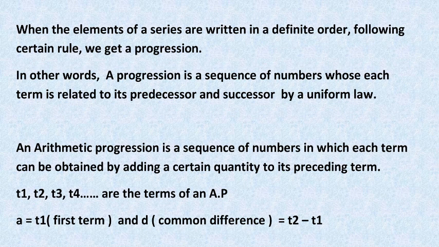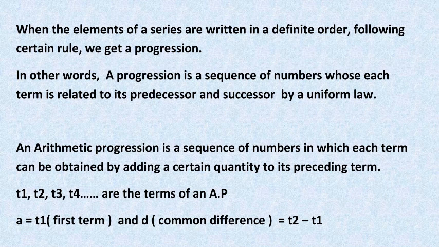When the elements of a series are written in a definite order following a certain rule, we call that a progression. In other words, a progression is a sequence of numbers. It is a sequence. That means there is a rule followed in the group of numbers, then only we can call it a progression.